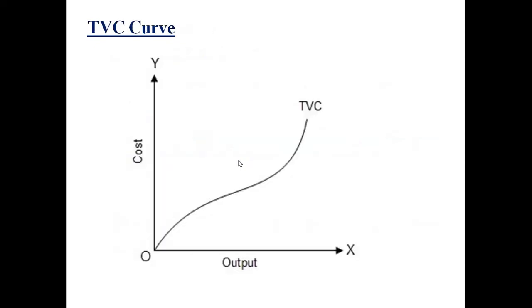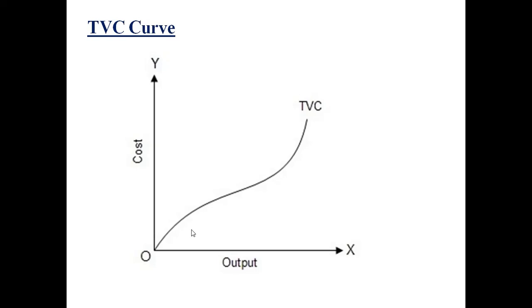Now have a look at this TVC curve. It looks inverted S-shaped. So why is it so? Why does it look like this? Because of the law of variable proportions.